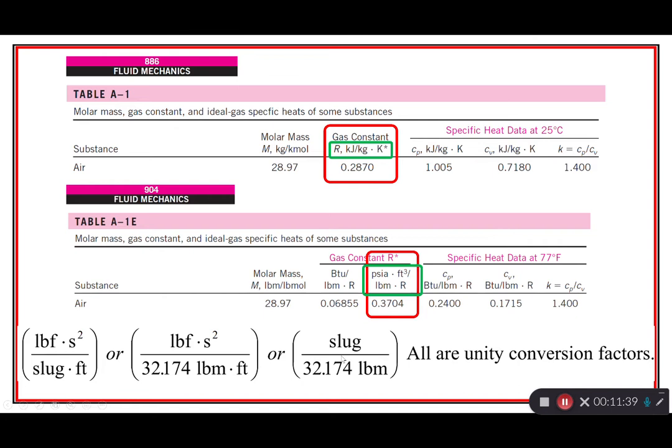So one thing you can always remember is that a slug is much smaller than a pound mass. And you shouldn't say this, but you can basically say that in the English system, 1 pound mass equals 1 pound force. Because you go to the grocery store and you buy a pound of, let's say, sliced ham at the deli.